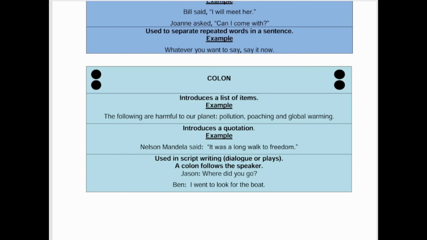Ben: I went to look for the boat. So a colon is used in script writing. A dialogue is a communication between two or more people. But a monologue is communication by one person, maybe sharing your inner thoughts.